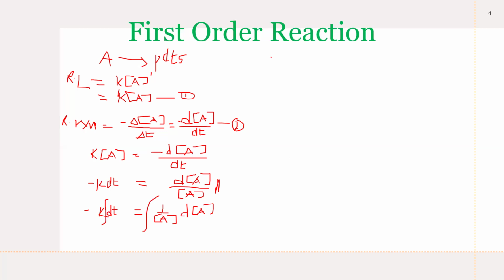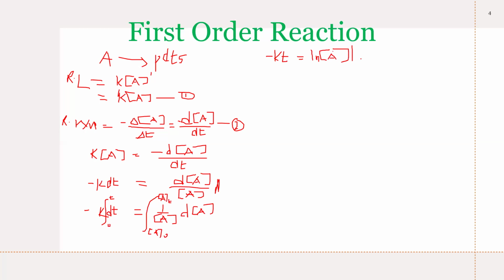And once we integrate a differential, we get the variable, so we get t. We are integrating from 0 to a certain time t. And anytime you integrate an inverse variable, we get the ln of that variable. So we have this.